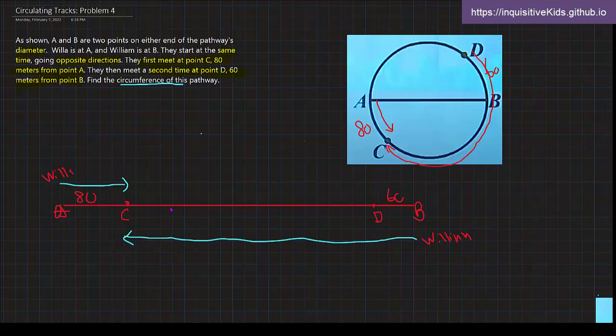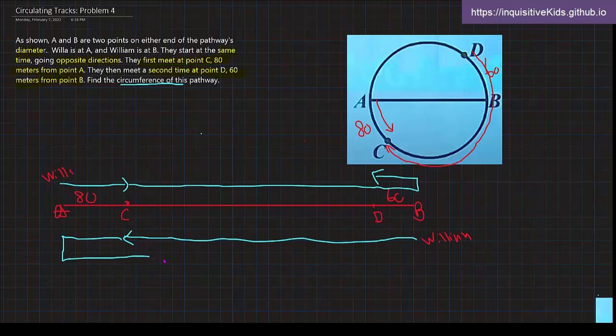Next, they go to meet at D. In that time period, Willa came to B, turned around and went toward C, while William went to A and came back to D. So this is another point that they met at.